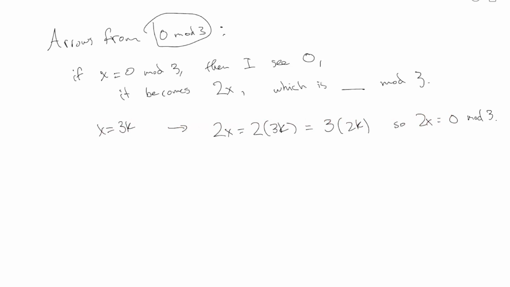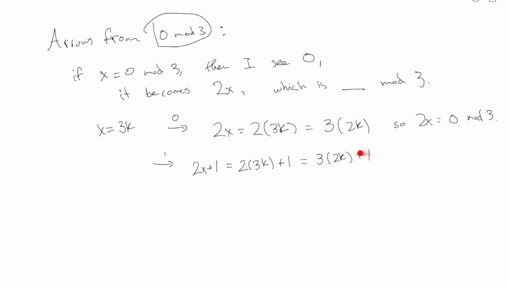So let's say, again, if x is 3k and if you read a 0, it becomes 2x. If you read a 1, remember it becomes 2x plus 1. And then what is that in terms of mod 3? Well, this would be 2 times 3k plus 1. And again, you can just rearrange this business a little bit, and it looks like that. And now you can see this is 3 times something plus an extra 1.